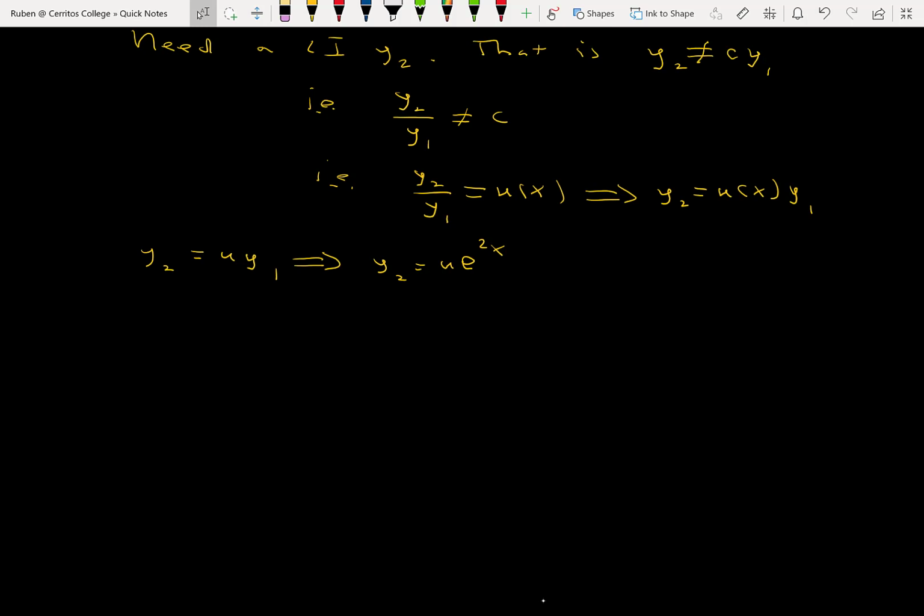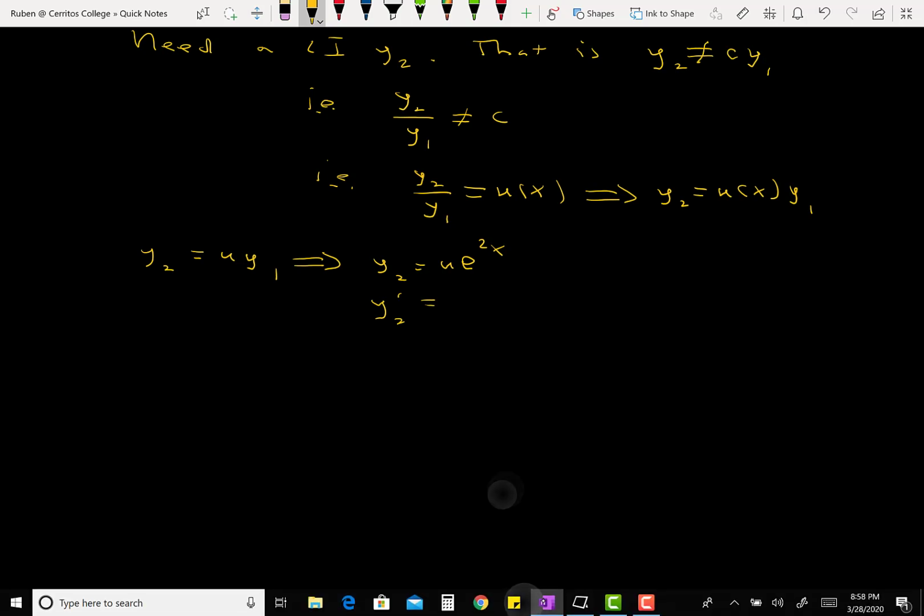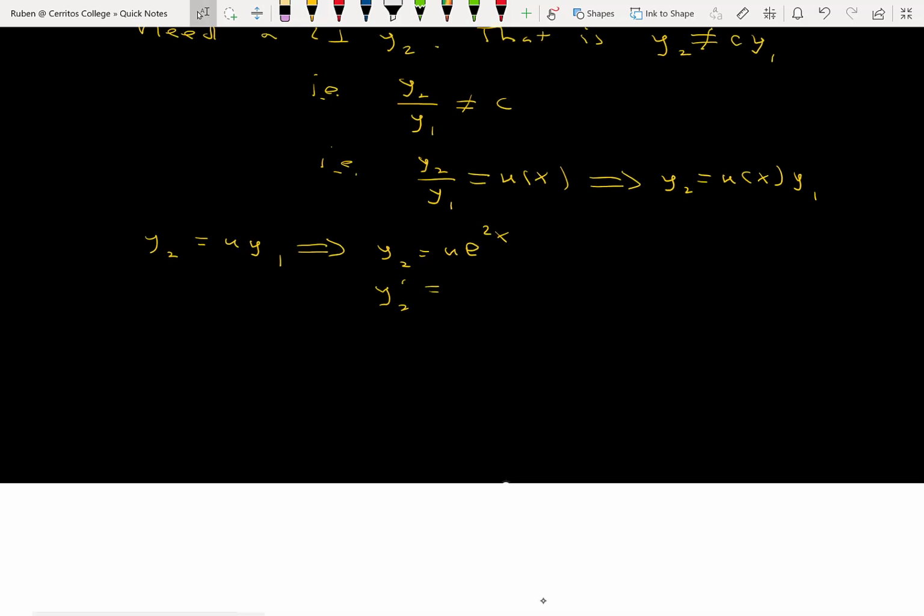So in order to substitute y2 into our differential equation, we're going to need two derivatives. So let's take a first derivative. y2 prime equals, now u is not a constant. Remember, u is some non-constant function of x. So in order to take the derivative of this function, u e to the 2x, we need to use the product rule.